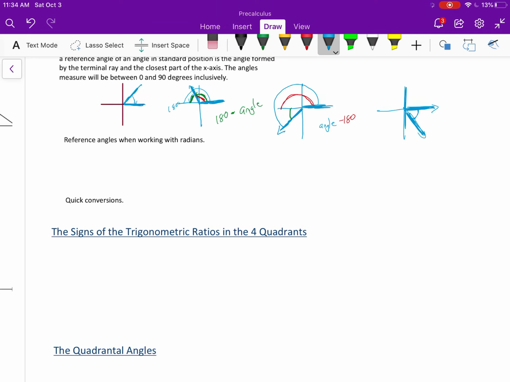So what we're going to do is take the full 360 degrees, and we're going to subtract our actual angle here. So 360 minus the angle will give us our reference angle.